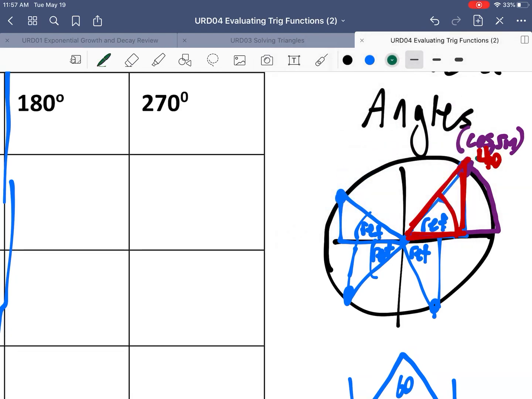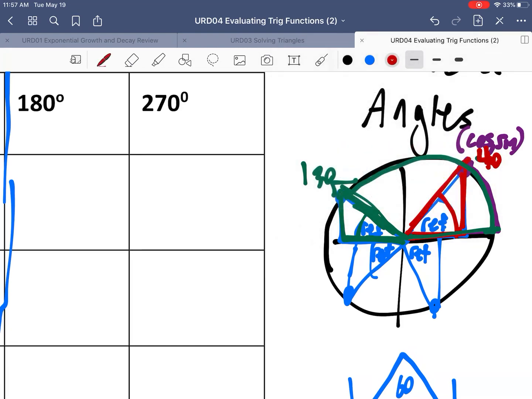So for instance, let's say I had an angle over here and it was at 130 degrees. That means I start at 0, I rotate around to the 130 mark. I will then make a triangle with the terminal side, that's this side pointing at 130, and the x-axis, and the angle inside here would be the reference angle.